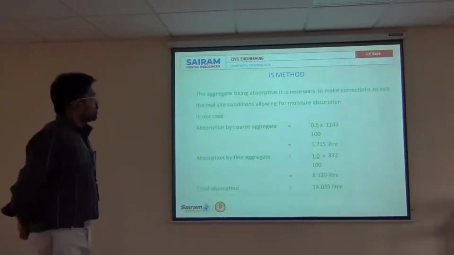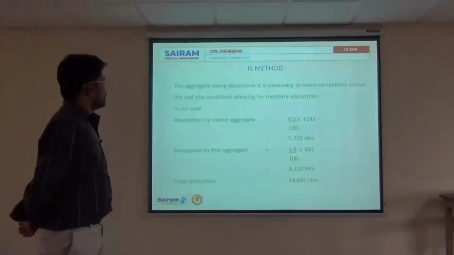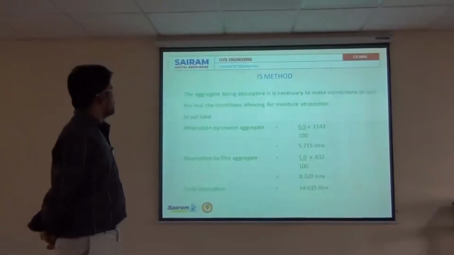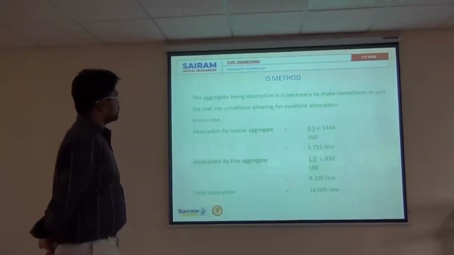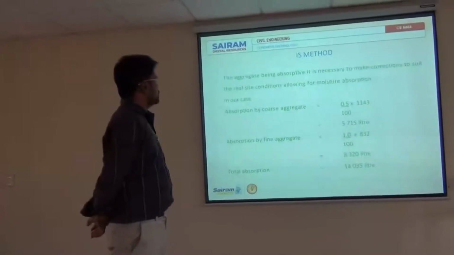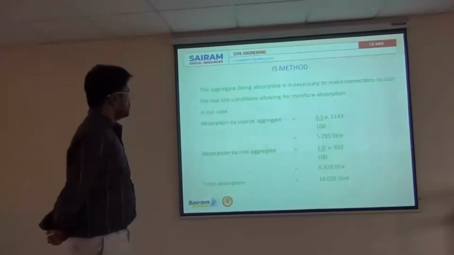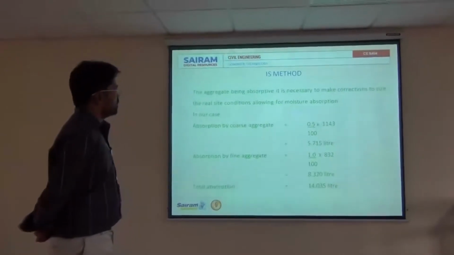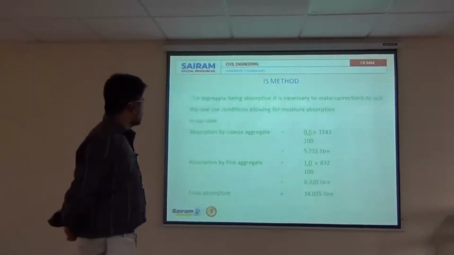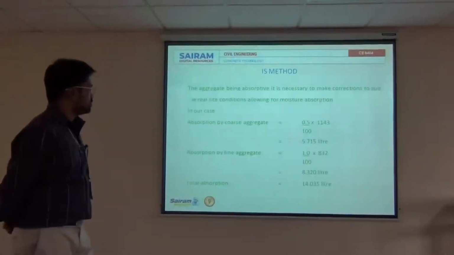Next slide. But as per site conditions, the water absorption varies slightly, as the surface is not completely dry. Absorption by coarse aggregate is given in the problem as 0.5%. The coarse aggregate total weight is 1143 kg, so it will absorb 5.715 liters of additional water. Absorption by fine aggregate is similarly 1% of 832, which gives 8.32. Adding coarse aggregate and fine aggregate, you get total absorption as 14.035 liters.